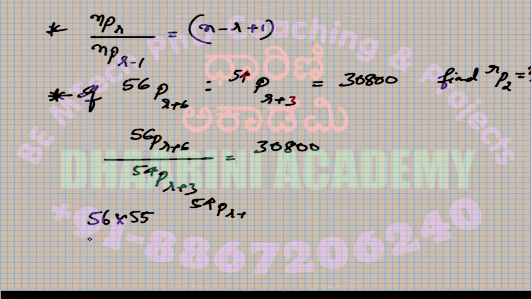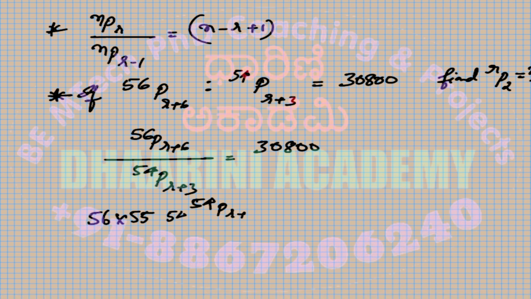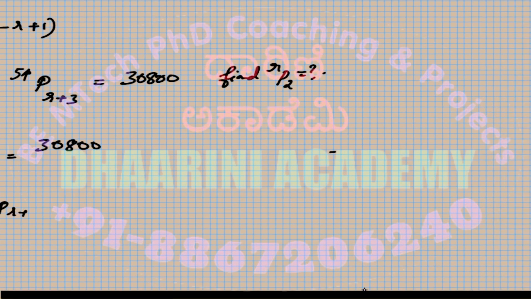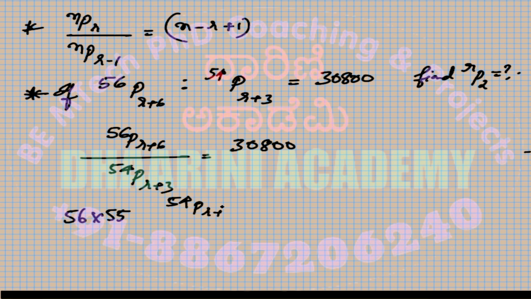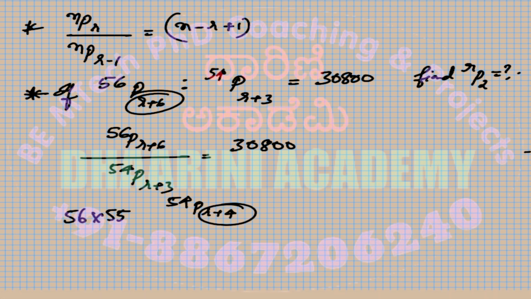So this has to be 56 into 55 into 54, because 2 has been reduced. Even the r has to be reduced by 2. You have r plus 6, so r plus 6 becomes r plus 4, because I am reducing 2 of them.